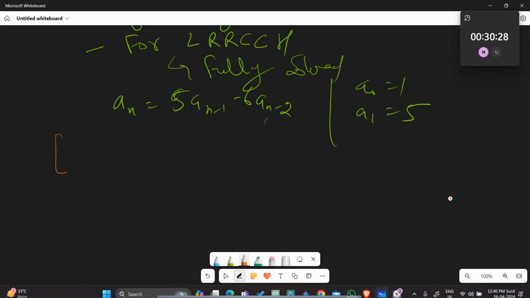The highest is n minus (n minus 2), which is 2, so the equation is of second order.